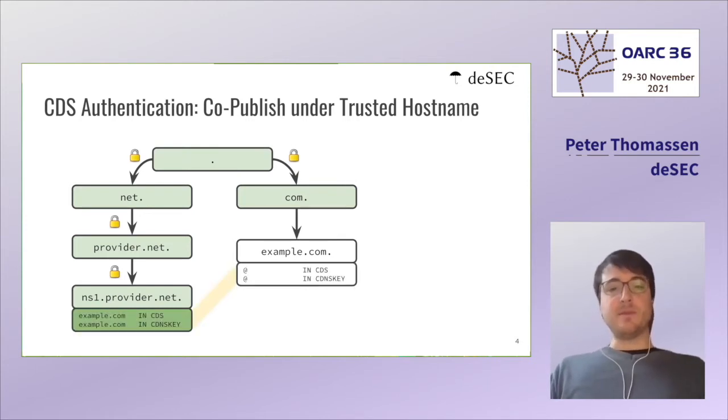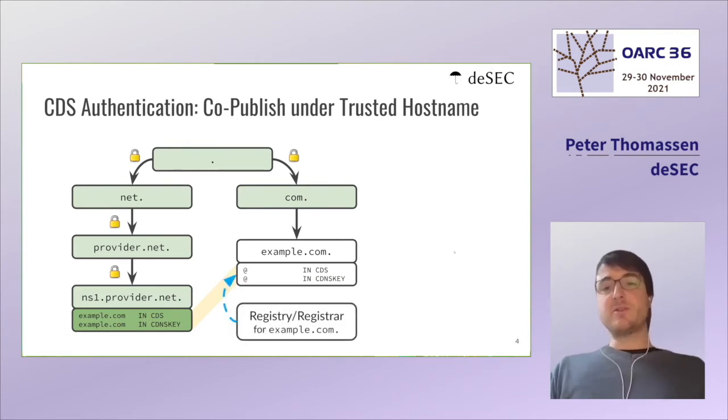But the DNS provider may add the CDS and CDNSKEY records to the customer zone, which is what is usually done already, well, not usually, but there's an RFC for it. And we're proposing to co-publish these records under the name server host name to use the DNSSEC chain of trust on the left here to validate what's in the child zone.